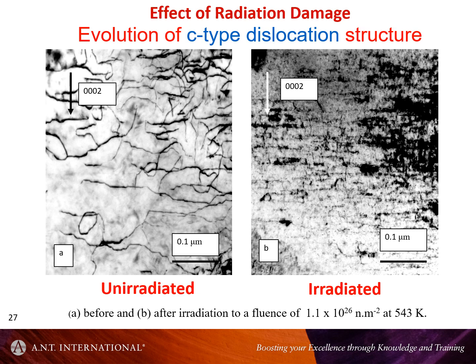So these segments here have a strong screw component, and when you irradiate them, you get a lot of this helical climb on these dislocations, and we end up with a structure like this. It's still very difficult to make anything quantitative out of this, because again, it's a cleaner mess, but it's still difficult to quantify what is happening.